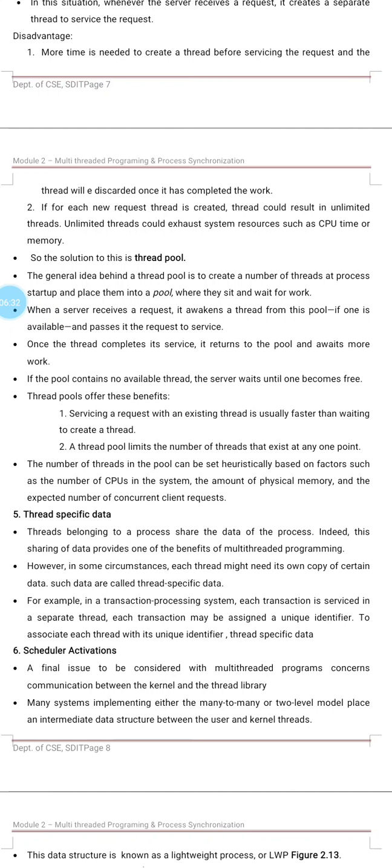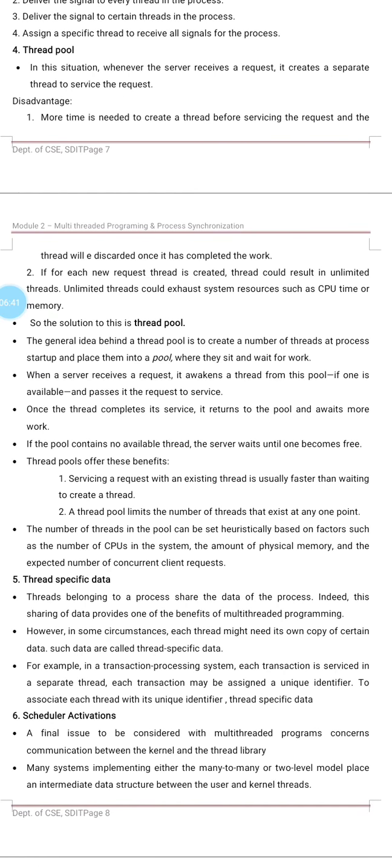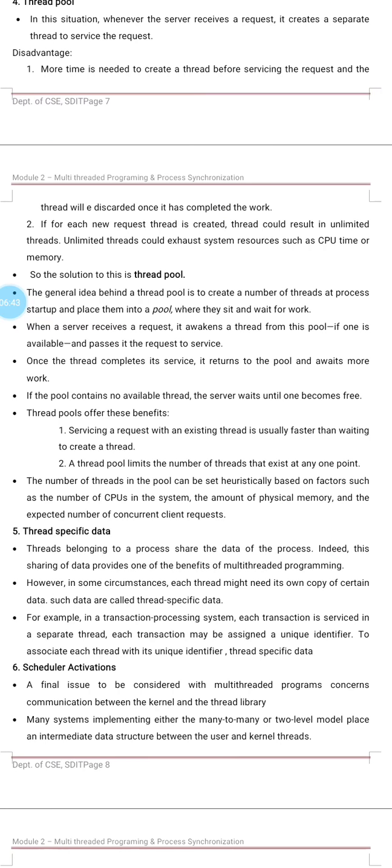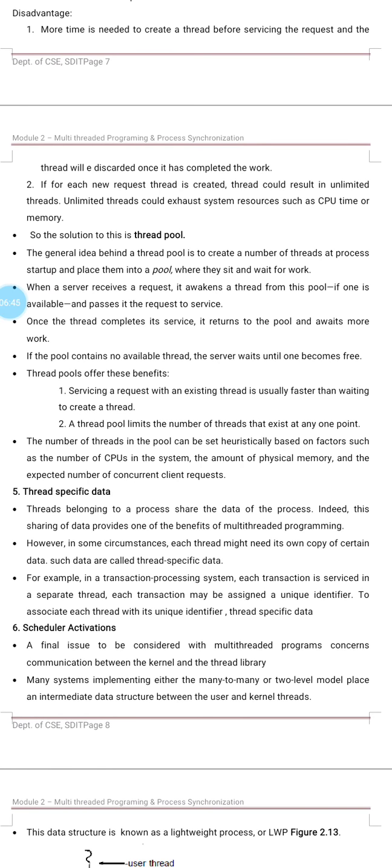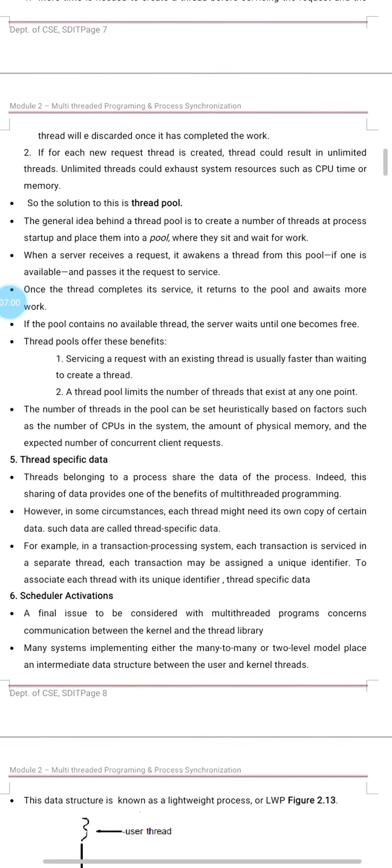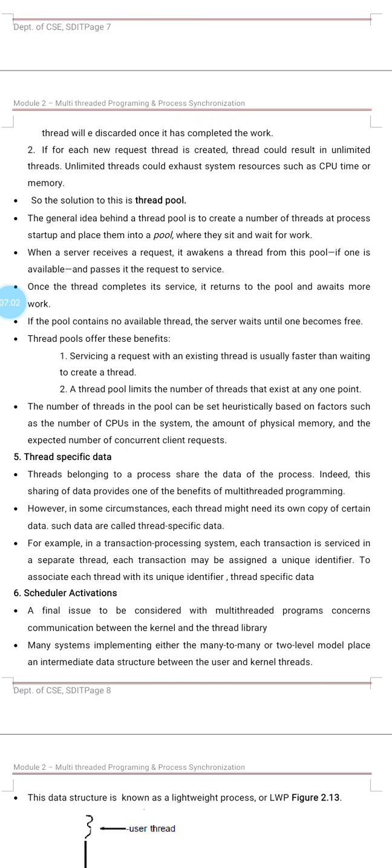What are those benefits? Servicing a request with an existing thread is usually faster than waiting to create a thread. In the beginning we said every time a request comes in, the server has to create a thread. Here that is not needed. You already have n threads present, so the time required to create the thread is reduced. A thread pool limits the number of threads that exist at any one point.